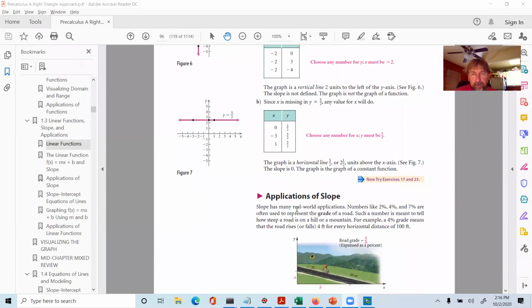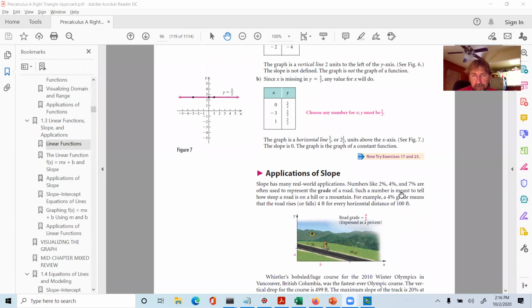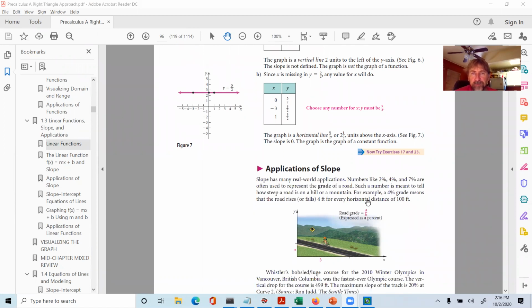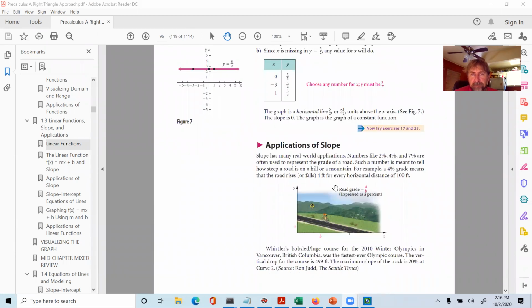Applications of the slope. So grade is this change in y over change in x. It's a percentage. The maximum slope of a track is 20%.